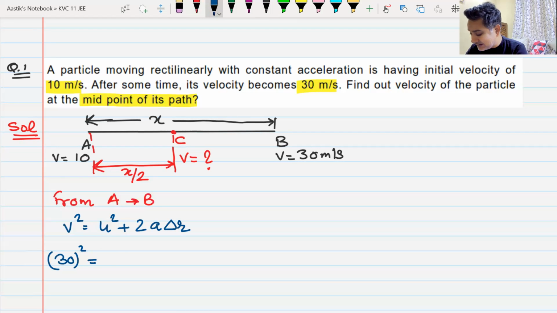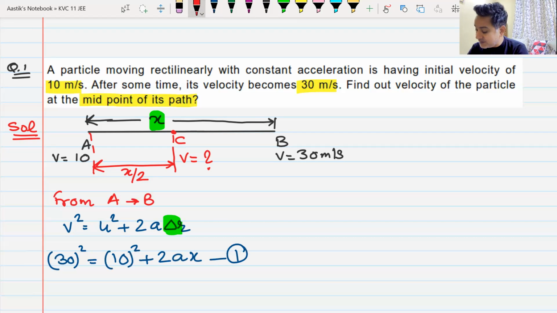I hope you see this. 10 square plus 2 times, I don't know the acceleration, so let me call it a, into the displacement. How much is the displacement? As you can see, this displacement is equal to x. I've assumed it is x, so I write it as x. This becomes my equation number 1. Do we understand this?